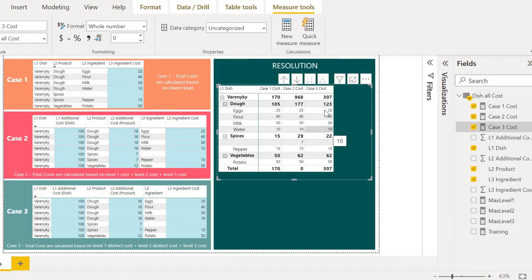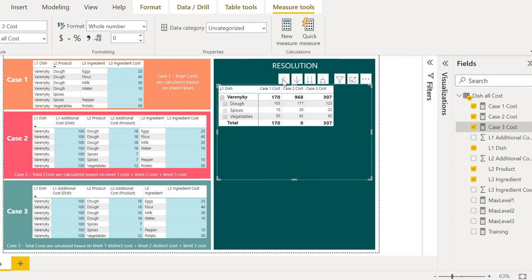So, 105 is for the lowest level, plus DAF, which is 18. It corresponds to 123, which is right, and this is what we wanted to achieve. The final result would be the following.